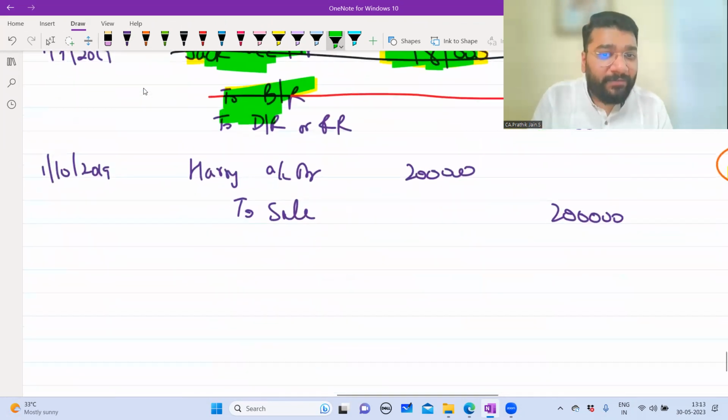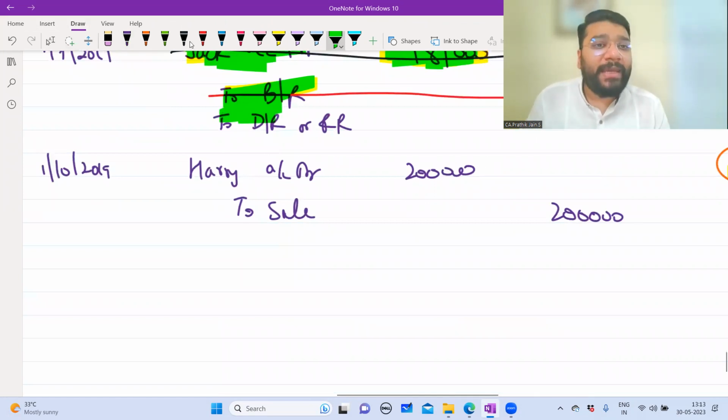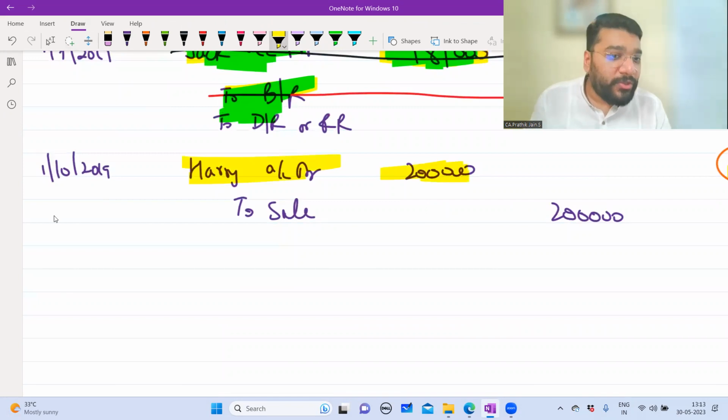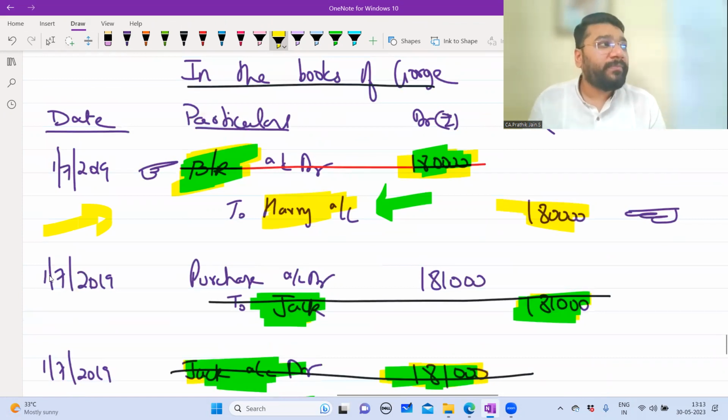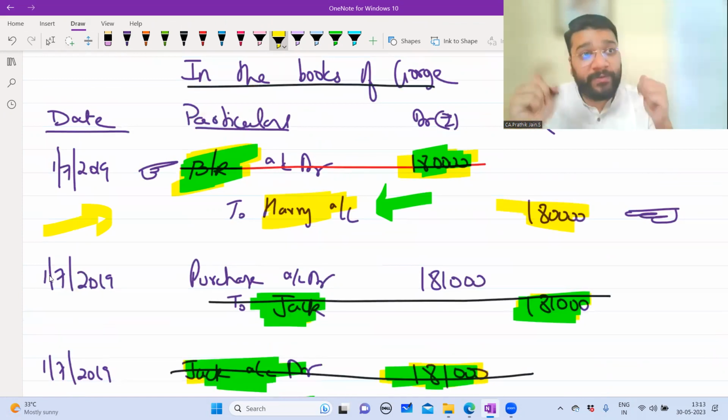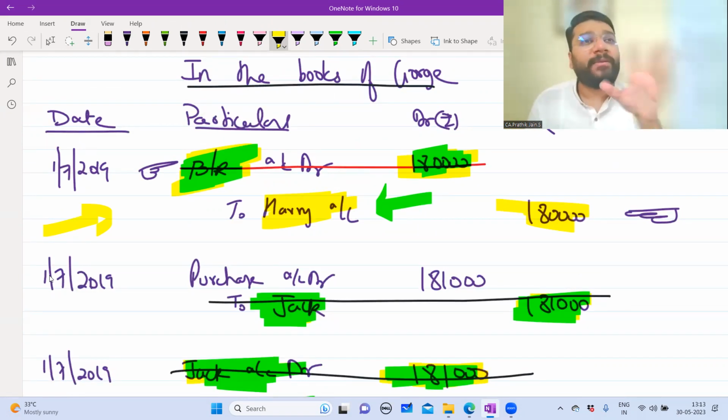And here we have sold goods to Harry, which means here we have to receive how much from Harry? 2 lakh. So here I'm supposed to receive 2 lakh from Harry, and here I'm supposed to pay 180 to Harry. If I take the difference, what is the difference? 20,000. Should I receive 20,000 rupees from Harry or pay it to Harry? Receive. Receive from Harry.